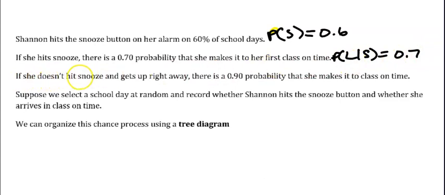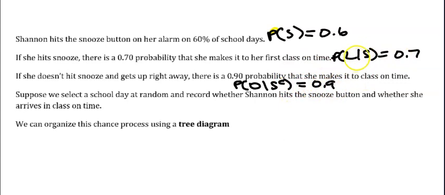If she doesn't hit snooze and gets up, the probability that she is on time is 90%. So the probability that she's on time, so let's say O, given she doesn't hit snooze, remember the complement, is equal to 0.9.